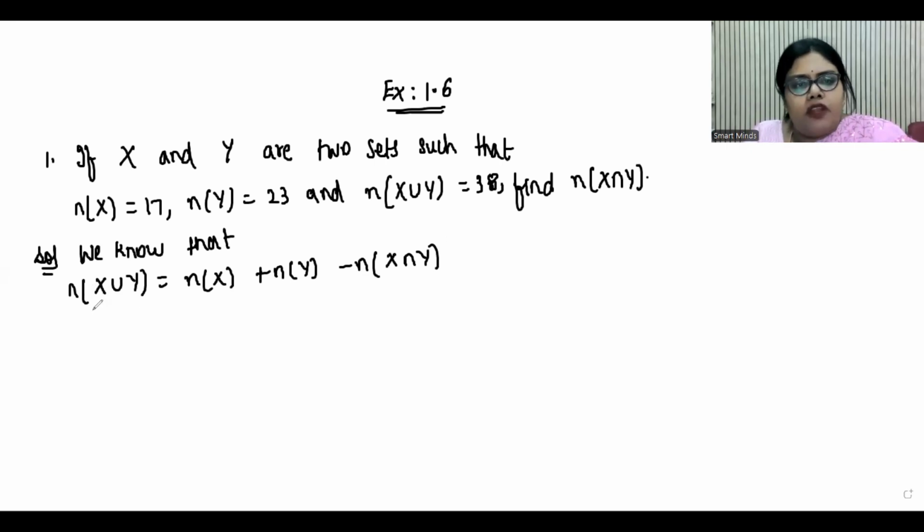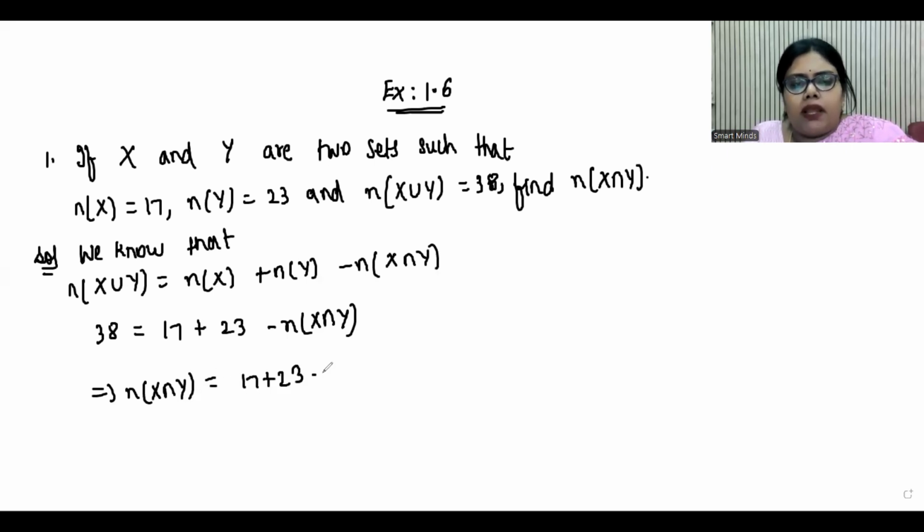So in the place of n of x union y, we will write 38 is equal to, in the place of n of x, we will write 17 plus 23 minus n of x intersection y. So what will be n of x intersection y? That is 17 plus 23 minus 38. 17 plus 23 is 40. 40 minus 38 is 2. So the answer for this question is 2.